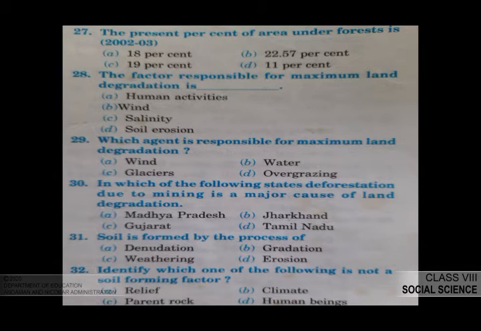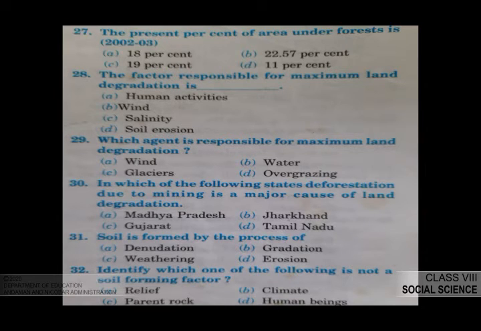So here options are wind, glacier, water, overgrazing. Now you can see here options have been given: wind, water, glaciers, overgrazing. Choose any one out of it.